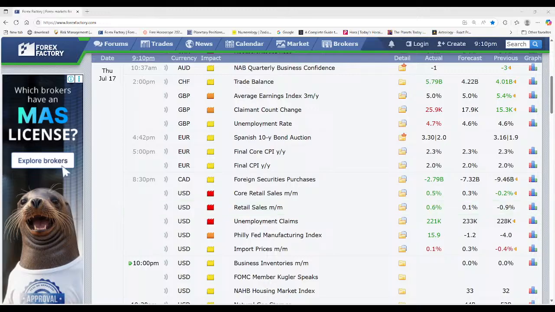Unemployment claims also came out better than expected, with a forecast of 233 and came out to be 221K. And finally, the Philly Fed manufacturing index forecast was negative 1.2, but came out to be 15.9. So this data all came out better than expected.